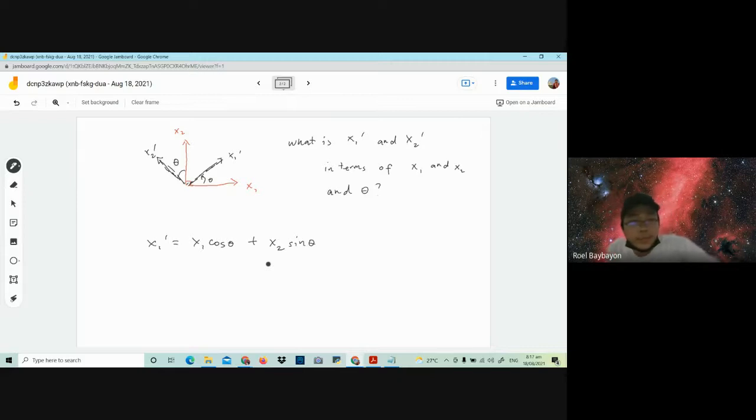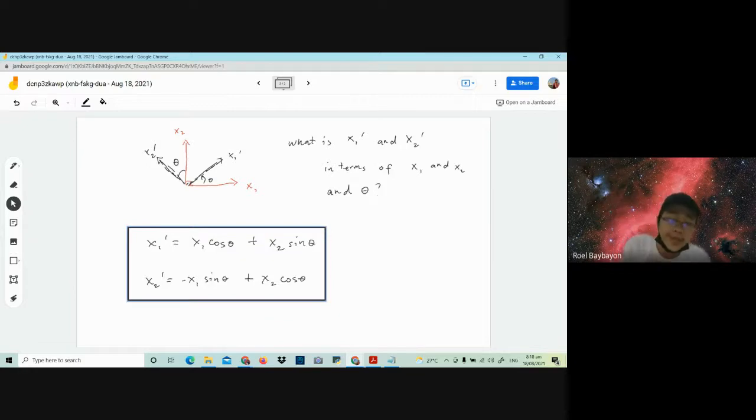And x2 prime is equal to minus x1 sine theta plus x2 cosine theta. So this is the relationship between the primed coordinate system and the unprimed coordinate system. So x1 prime is equal to x1 cosine theta plus x2 sine theta, and x2 prime is equal to minus x1 sine theta plus x2 cosine theta.